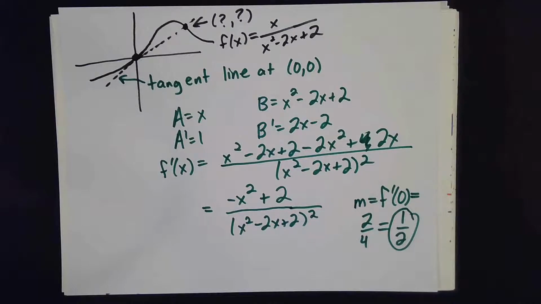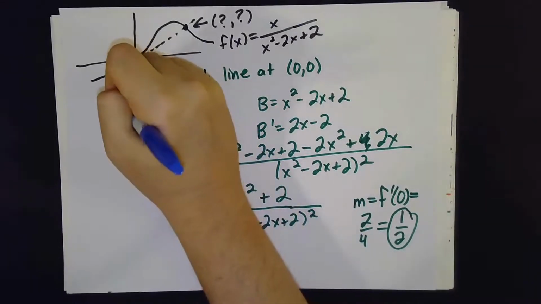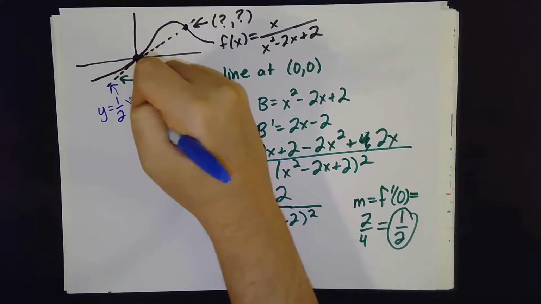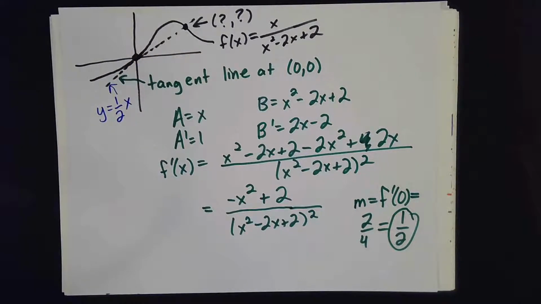And so that actually completely tells me the equation of the tangent line here. Namely, it is just y equals 1/2 x. And I know that because the y-intercept of this line is the origin. So I don't have to worry about the plus b part.